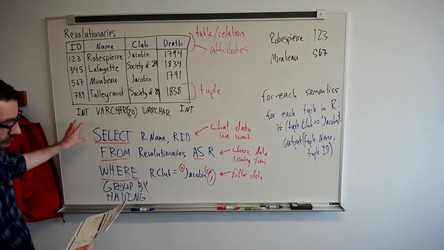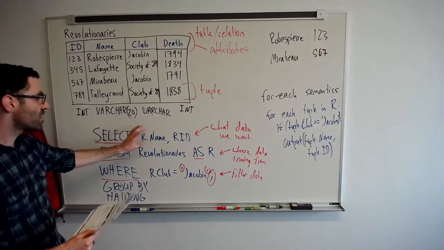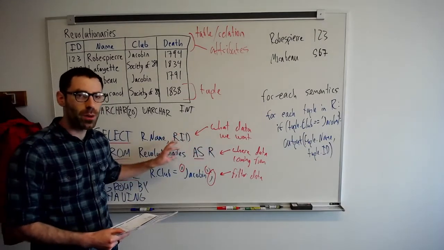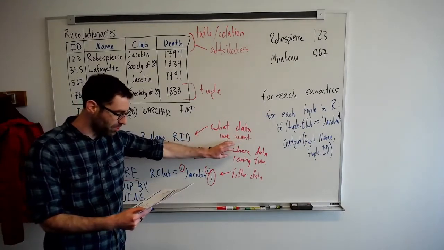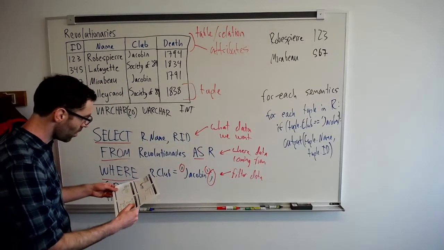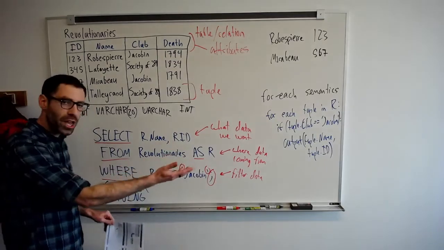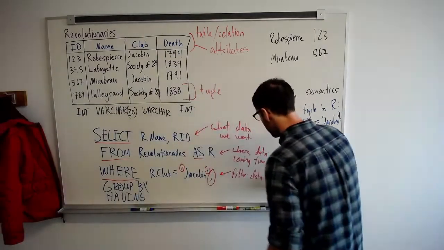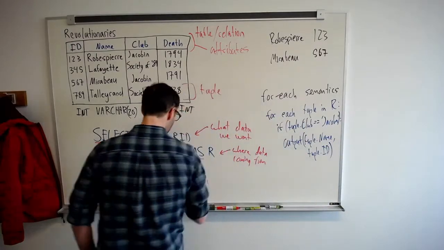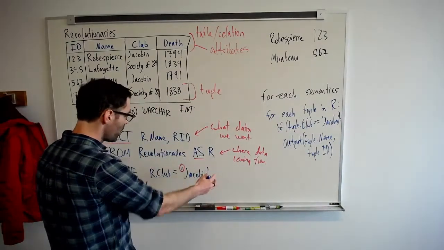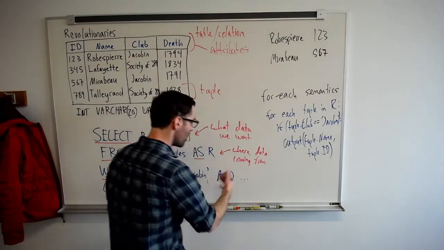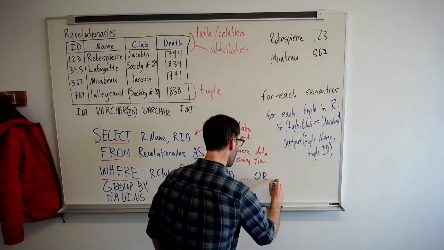For these other parts, select followed by some number of columns. From, we can actually select from multiple tables, and we'll see examples of that, and you'd separate those by commas, just like the columns up here. And where, we can actually have multiple predicates, like club equals Jacobin and some other criterion.